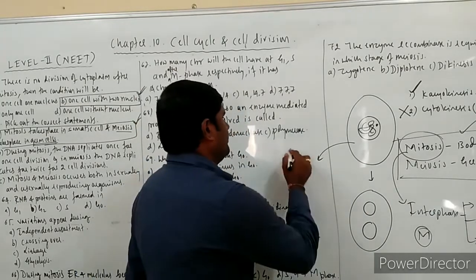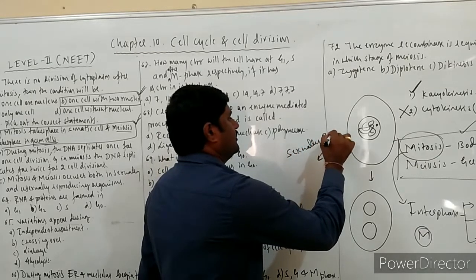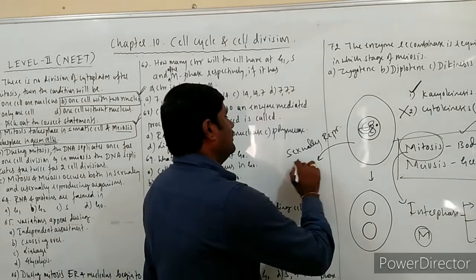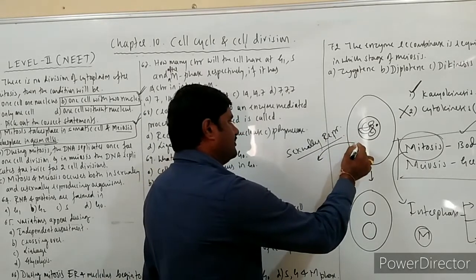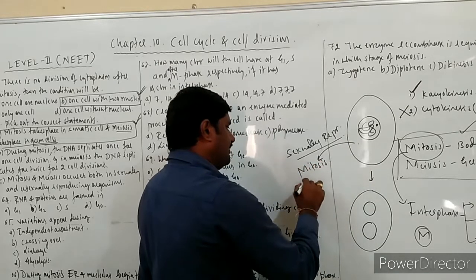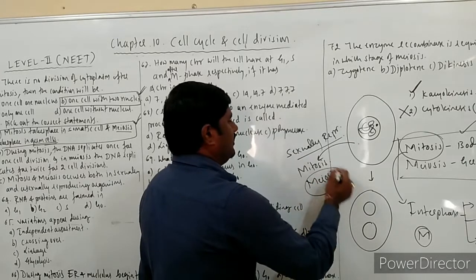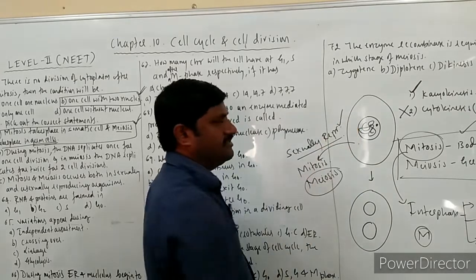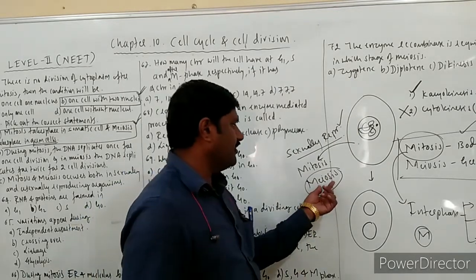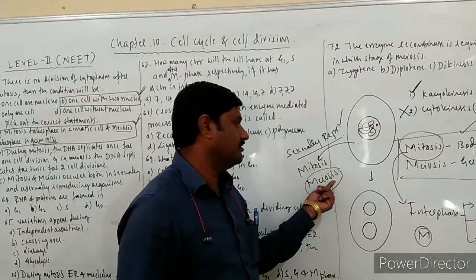In a sexually reproducing organism, mitosis takes place as well as meiosis. Why? Because in sexually reproducing organisms, gamete formation is natural, so during gamete formation, meiosis must occur in germ cells.